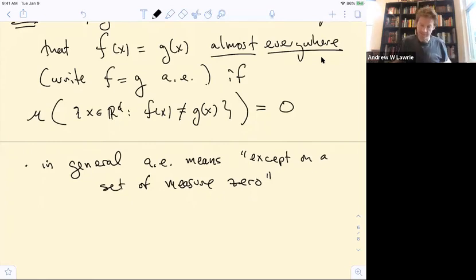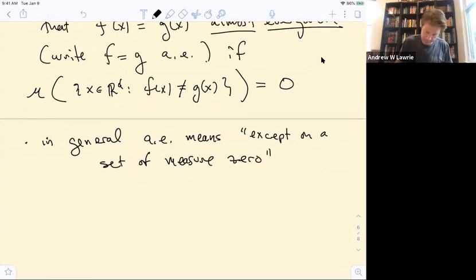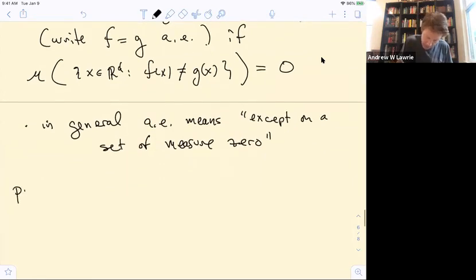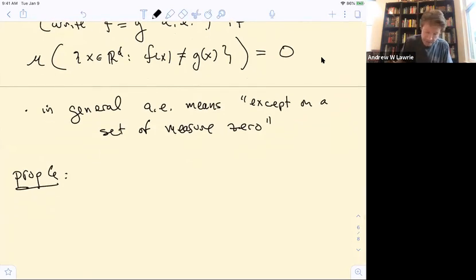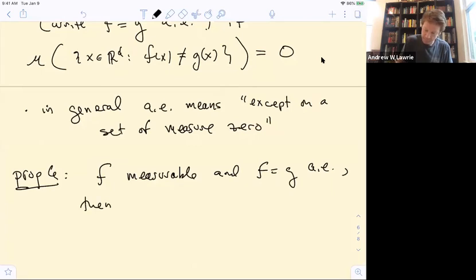And then property 6 of measurable functions is that once we know a function is almost everywhere equal to a measurable function, then that function is measurable. So if f is measurable and f equals g almost everywhere, then g is measurable.